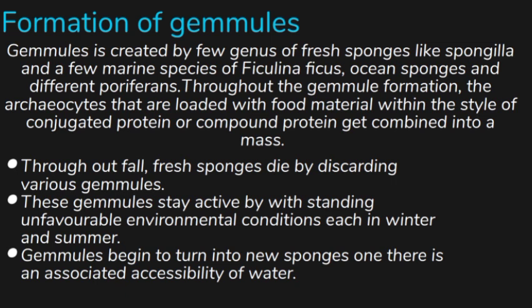This mass is called what? Gemmules. The freshwater sponge dies when it gives birth to gemmules, and these gemmules are capable of living in unfavorable environmental conditions, in winter and summer. The gemmules begin to turn into new sponges when they get plenty of water, or when the environmental conditions become favorable.